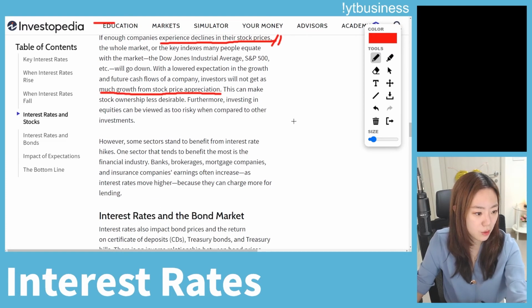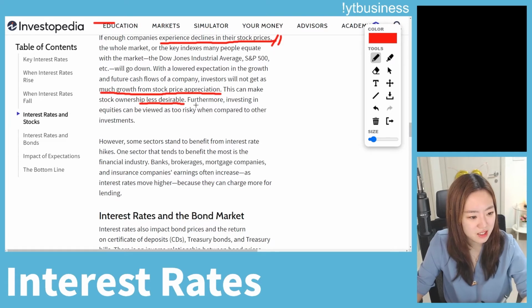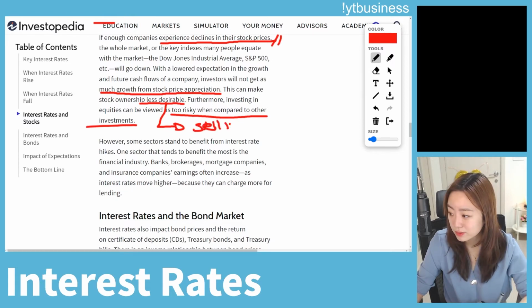This can make the stock ownership less desirable, and then I guess they might sell it. Furthermore, investing in equities can be viewed as too risky when compared to other investments. When they say less desirable, is it like it isn't worth as much? I guess they end up selling this.